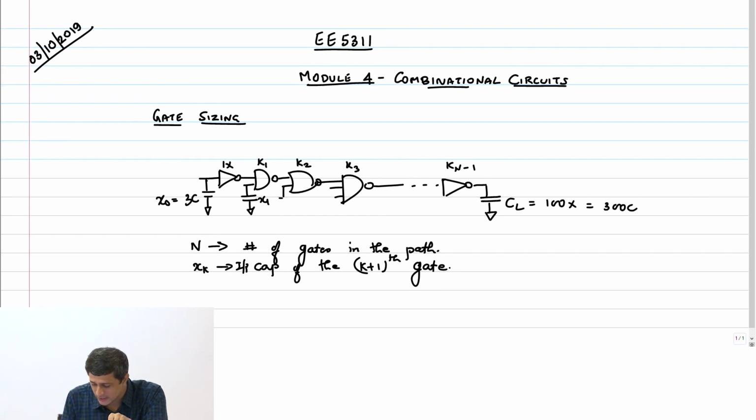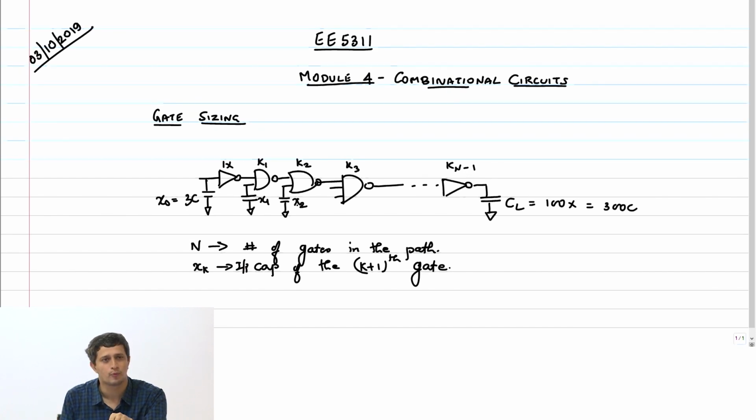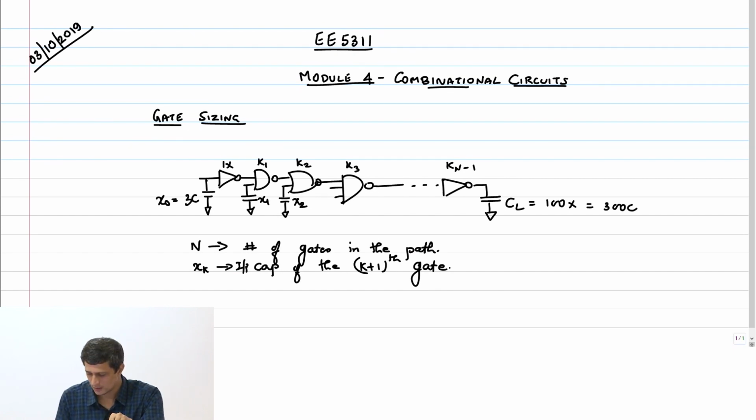And this will be my x2, right? x2 is the input capacitance of the k plus 1th gate. So like this I go and I have an input capacitance here of xn minus 1, and this is going to be my xn.